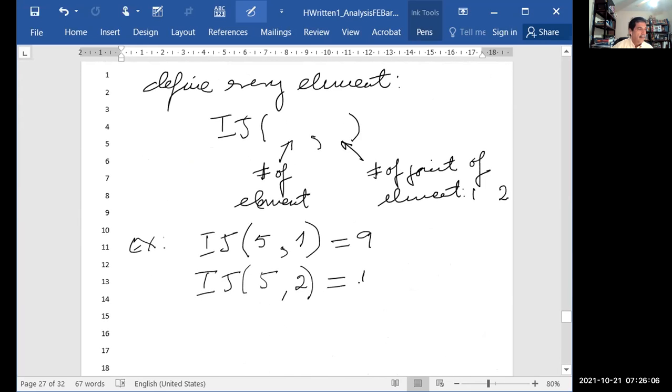So in this way, I know that the first joint of the fifth element is joint number 9. The second joint of the fifth element is joint 12. With this information, I can go on and calculate all of these properties.